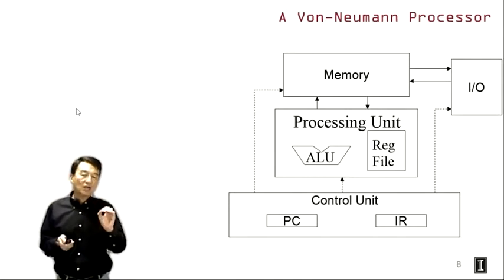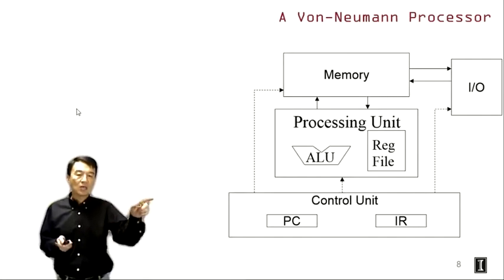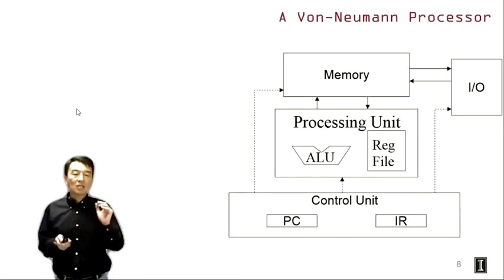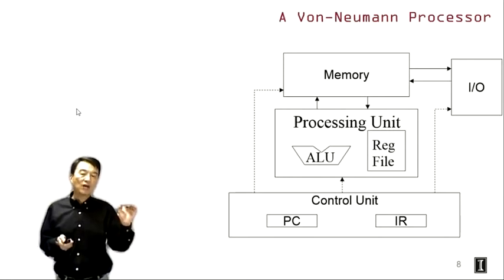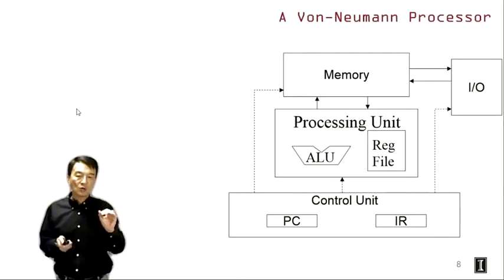And these activities are coordinated by the control signals, which are represented by the dashed line going from the control unit to the processing unit in the middle of the picture. These control signals essentially define the activities that the ALU, the register file, and other components in the processing unit need to take in every clock cycle in order to execute the instruction.